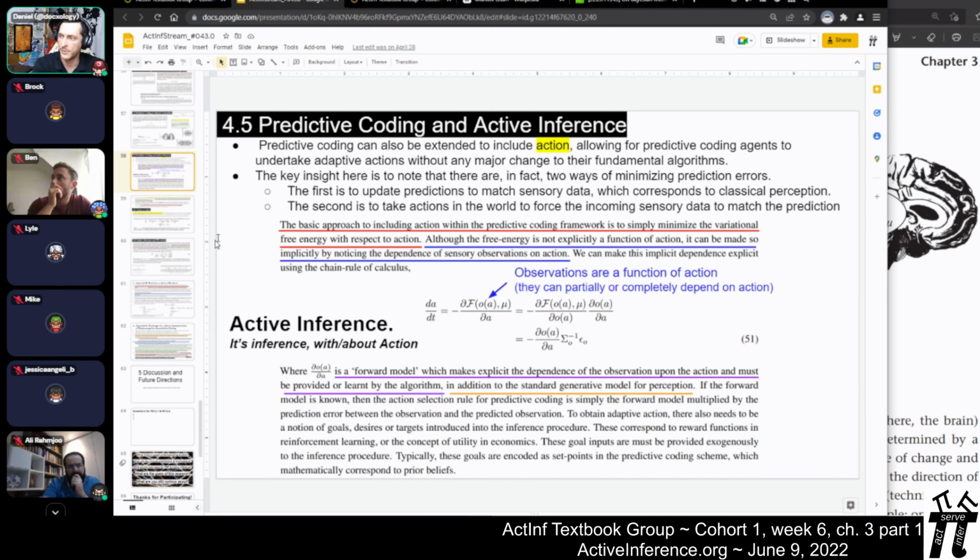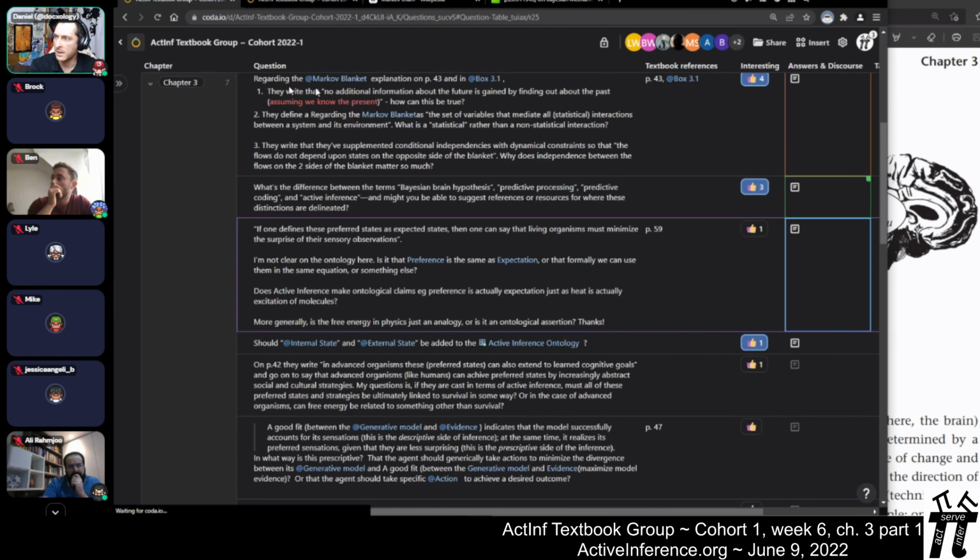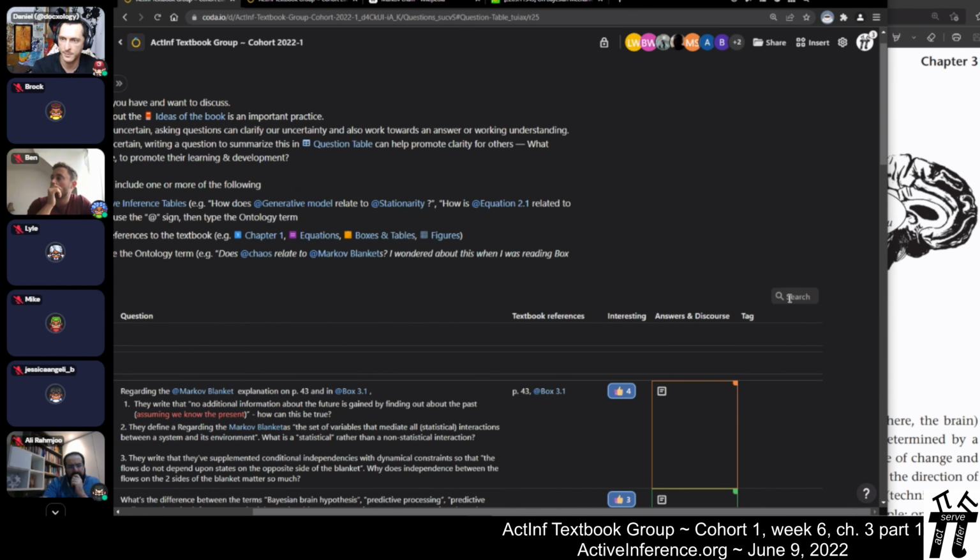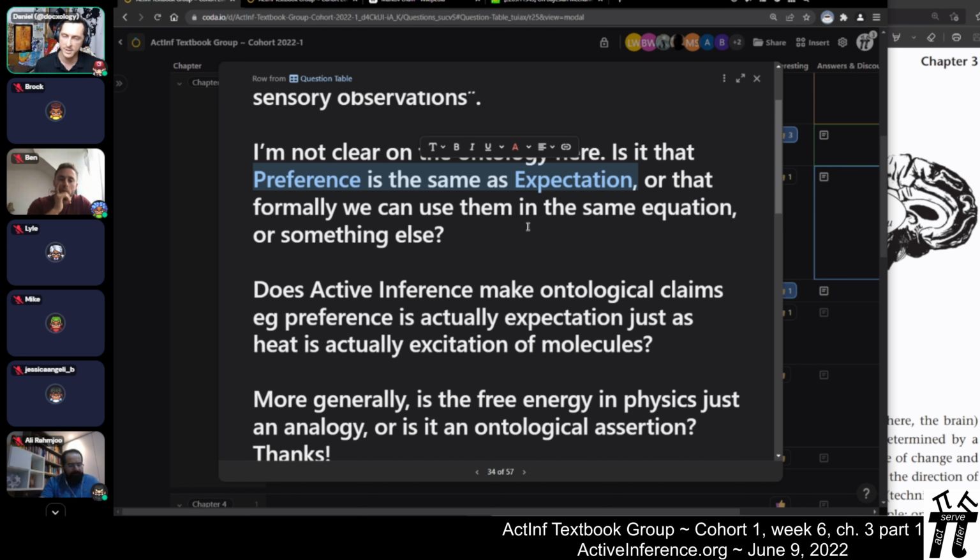Also, I'm not remembering which number it was, but the dual usage of the same term to reflect the organism's preferred states, and also the centering of the distribution at that time point and at other time points.